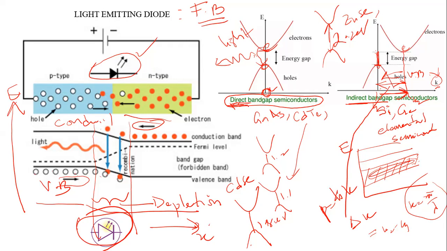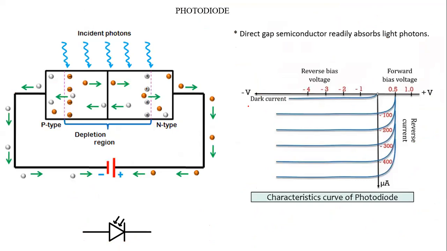Now, photodiode is also another special type of diode where a direct bandgap semiconductor is again used. In a photodiode, instead of emitting light, we connect the photodiode in what is called reverse bias.